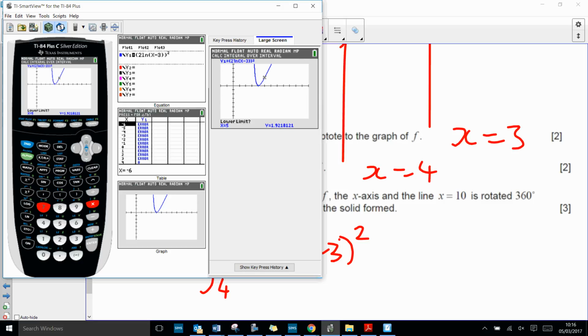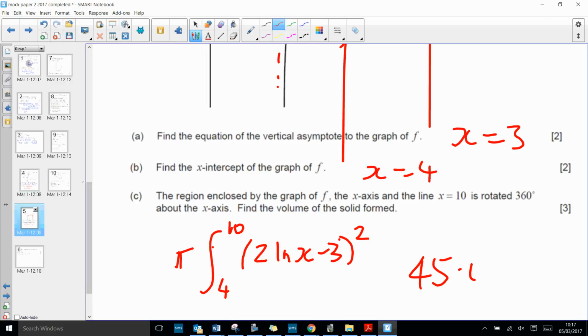Lower bound is 4, upper bound is 10. That gives us 45.05, and that's multiplied by pi. So that is one option.